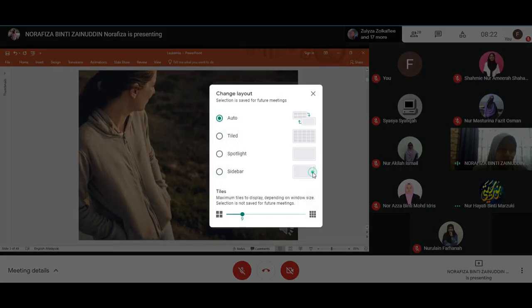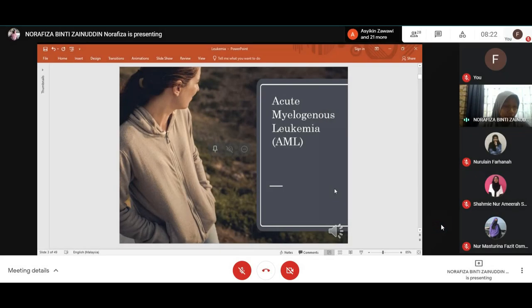The symptoms of AML are caused by replacement of the normal bone marrow with leukemic cells. This will cause a major drop in all cells actually, in the red blood cells, the platelets, and also the normal white blood cells. So the patients present with symptoms like fatigue, shortness of breath, easy bruising.